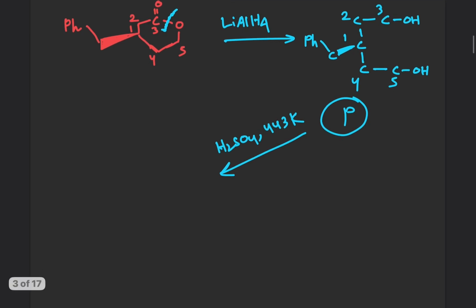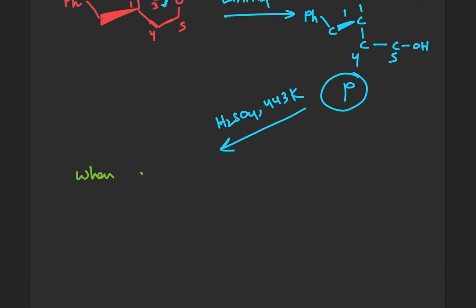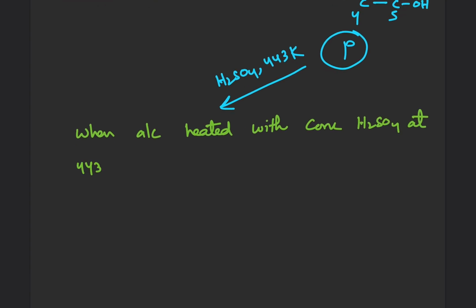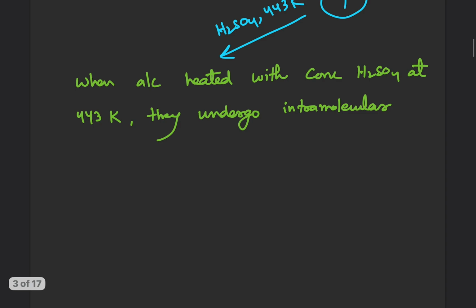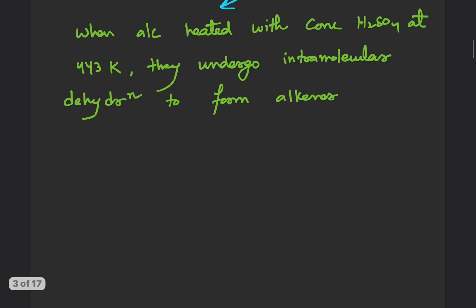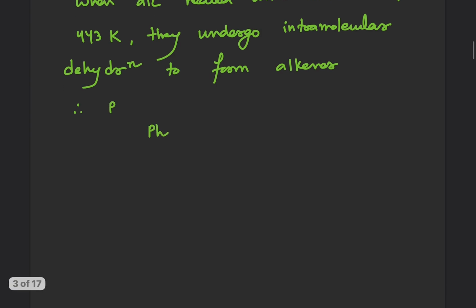So I will write this point: when alcohols are heated with concentrated H2SO4 at 443 Kelvin, they undergo intramolecular dehydration to result into alkenes.